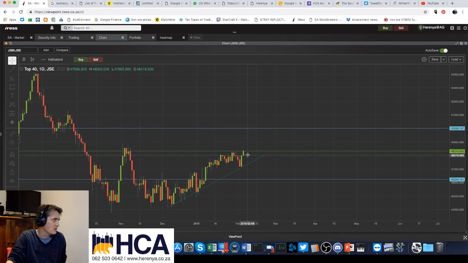If tomorrow is lower, and you know the US is down at the moment, they look flat actually. But if tomorrow turns out to be lower, and the day after that turns out to be lower, then today could potentially be a high bar, and then I think it is possible that we come down to see your support level here, because you can see this is quite a significant level that you've identified, 46,250-ish, right?